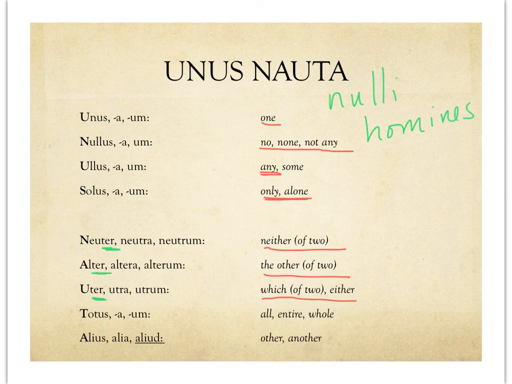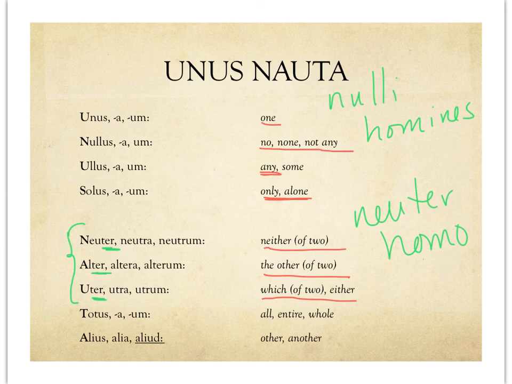But if we want to say neither person, neither of 2, we would say neuter homo porcos habet, right? So these forms we only use if we're trying to choose between two people, or we're talking about two alternatives, and the other ones we use for more than two.